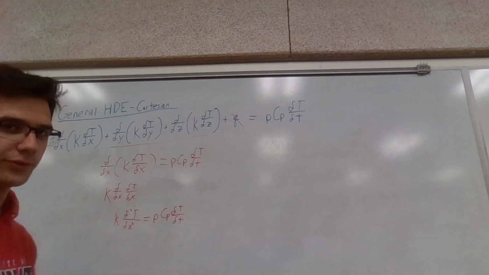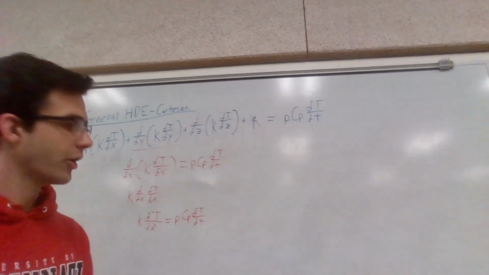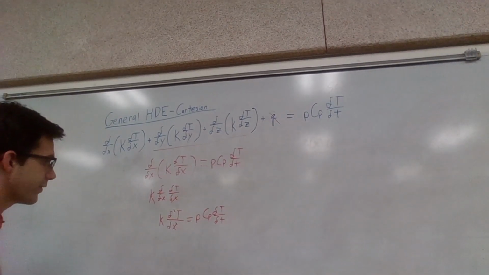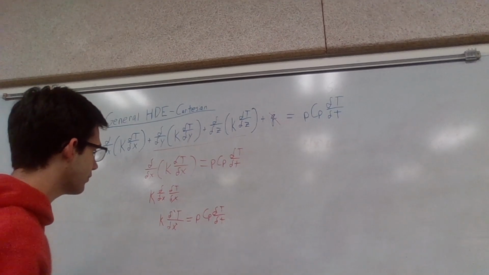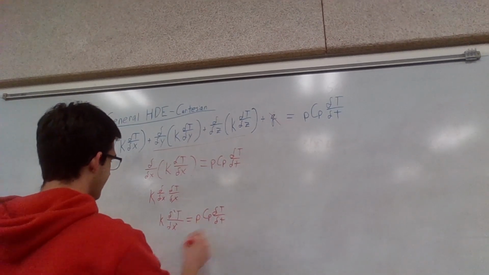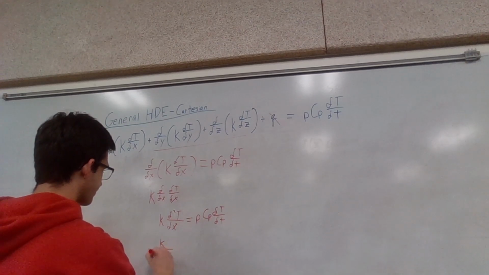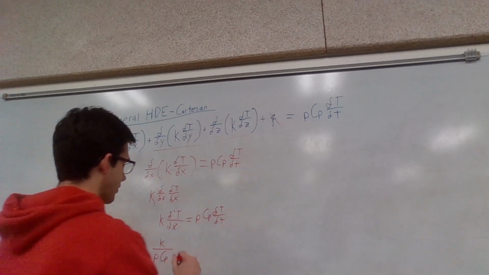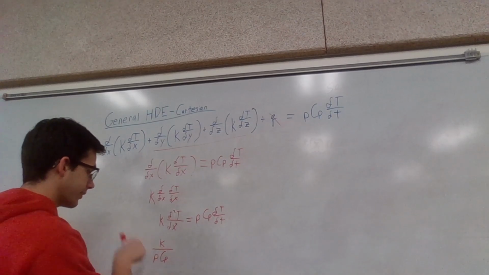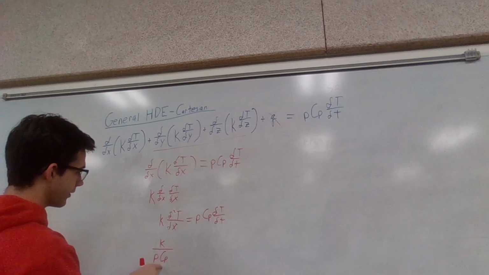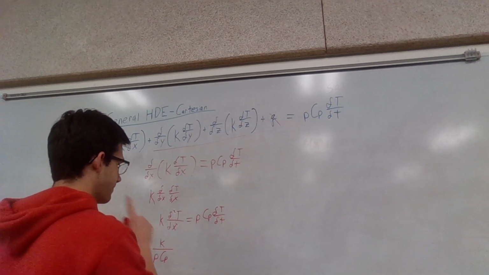All right, so this is close to the equation that we're going to be doing for our computations, but for the sake of making it simpler, what we're going to do is go ahead and divide by rho Cp on this side. So we have k all over rho Cp, our thermal conductivity over density times our specific heat capacity.